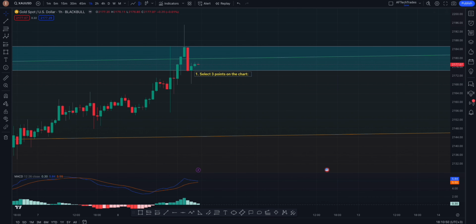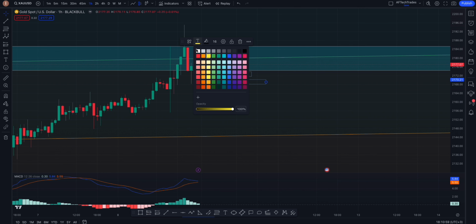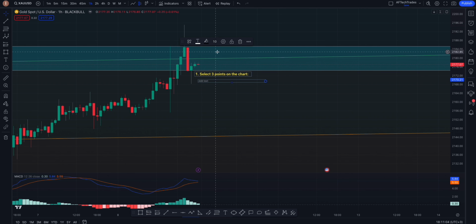Come back again. Change this to white. Reduce the font, no, 10 is too small.